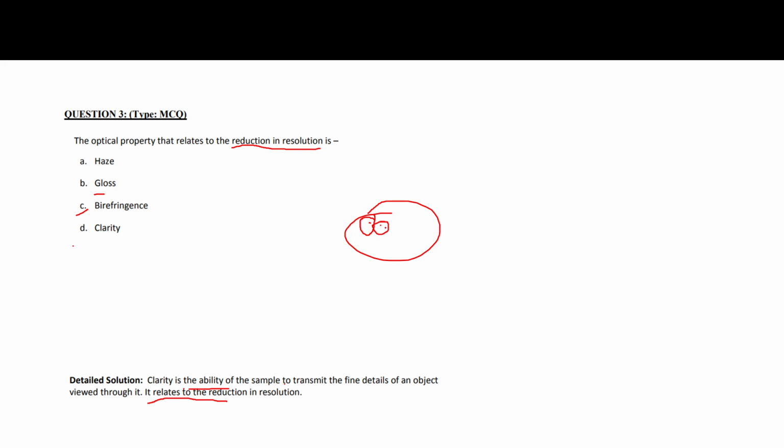So better resolution means you get a better resolved picture of a small object. That will give your clarity. If clarity is good, your resolution should be good, and with reduction of resolution, your clarity will change.